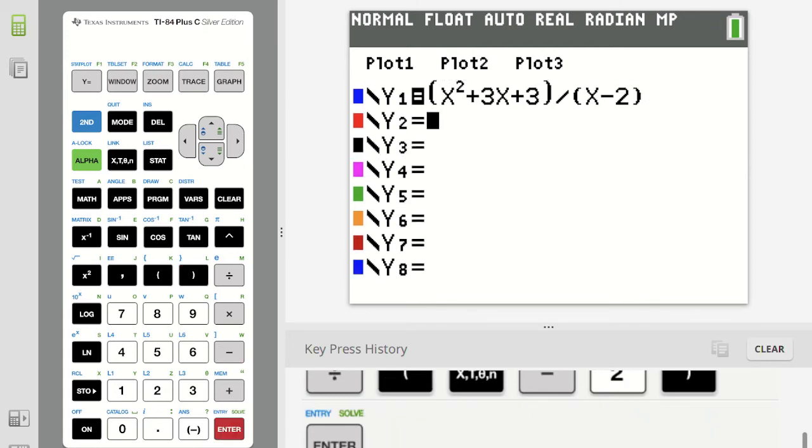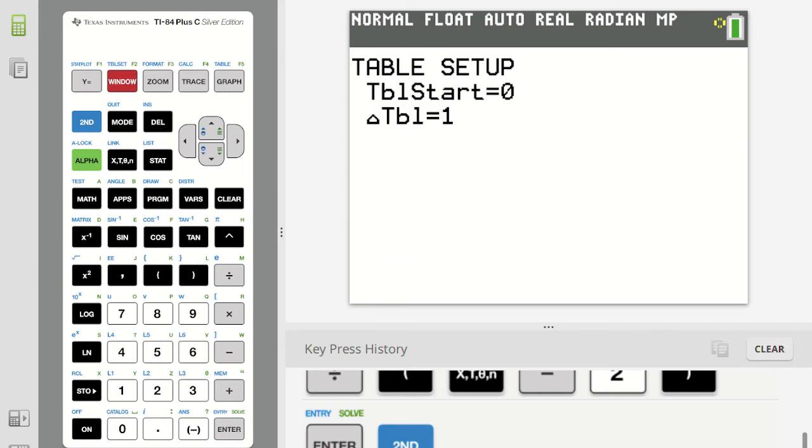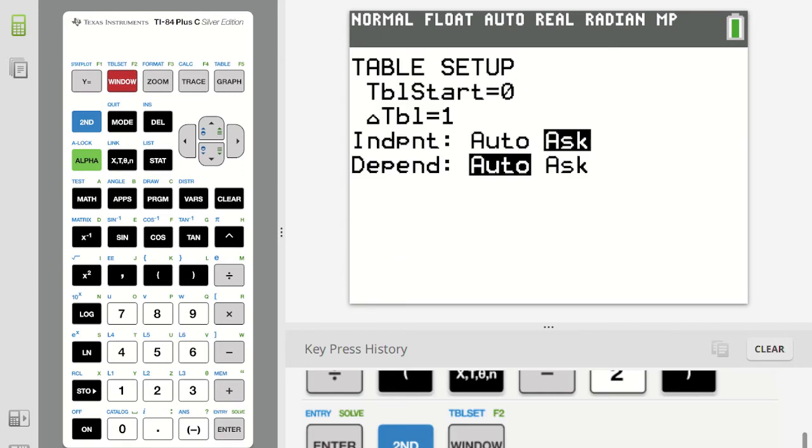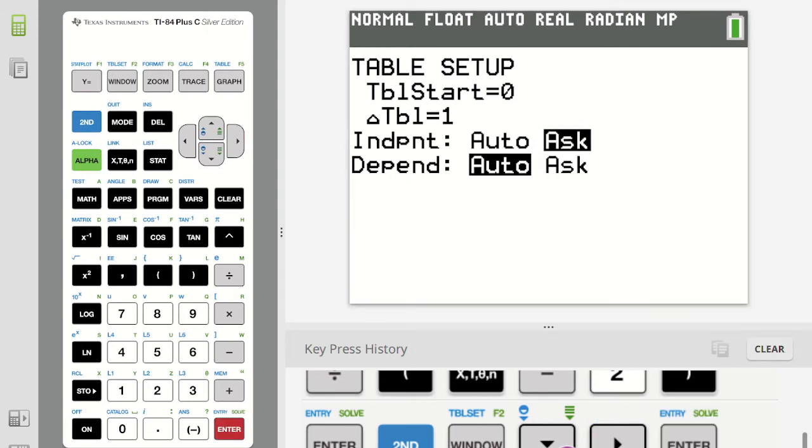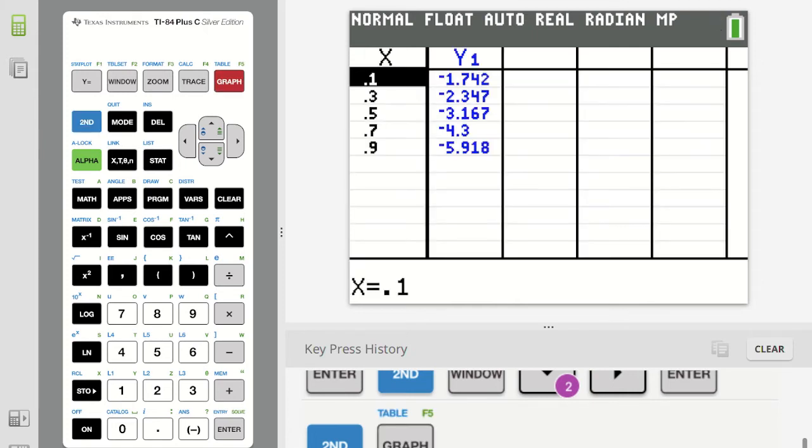You want to make sure that your table set has the ask option for your independent variable, so you'll press second window and change independent to ask, and you can leave dependent as auto. Then to access the table, you'll press second and graph.